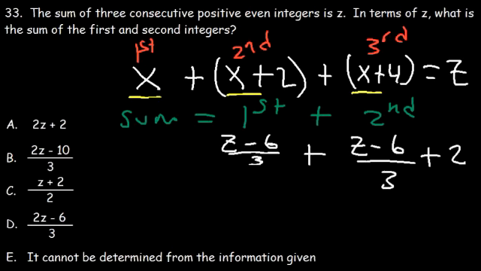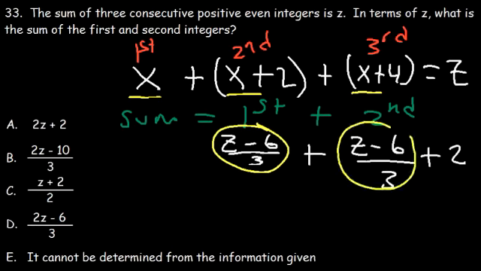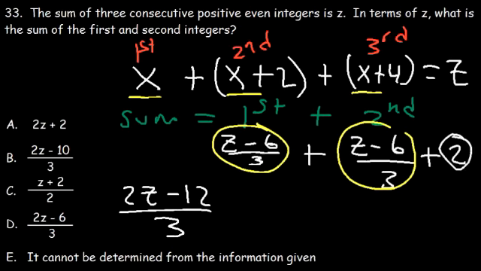So now we can add these two terms together. z plus z is 2z, and negative 6 plus negative 6 is negative 12 divided by 3. Now we need to do something with the 2. So let's write it as 2 over 1, and let's try to get common denominators. So we're going to multiply the 2 by 3 over 3.